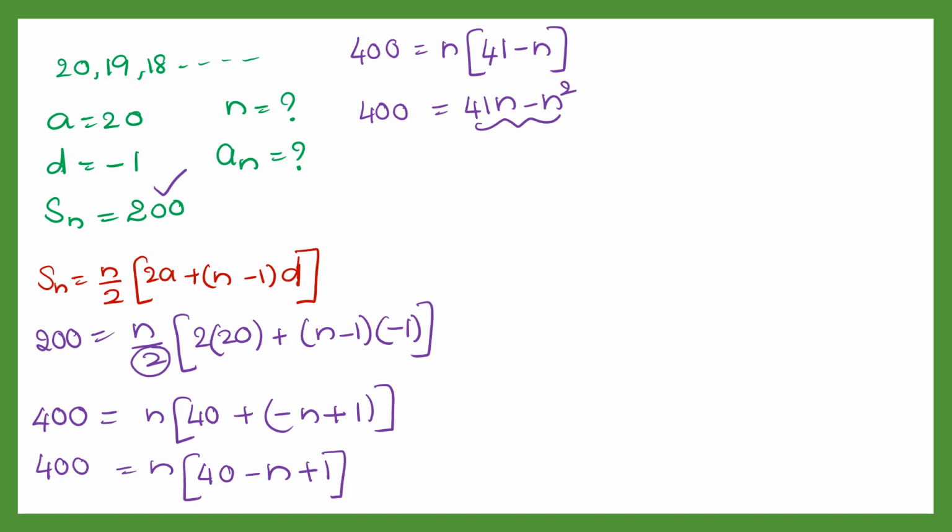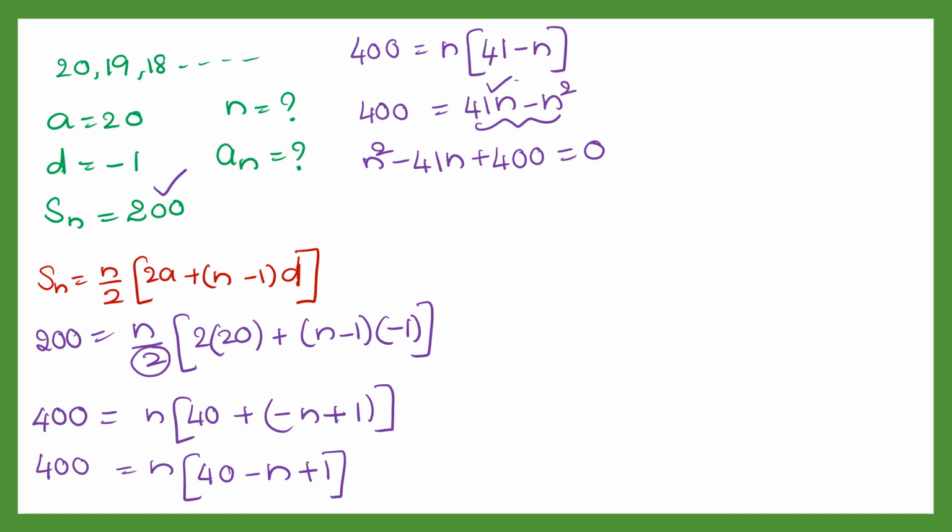If these two terms come to the left hand side of the equation, minus n square will become plus n square and plus 41n will become minus 41n, plus 400 is equal to 0. And now to find the value of n, we can use the quadratic formula.